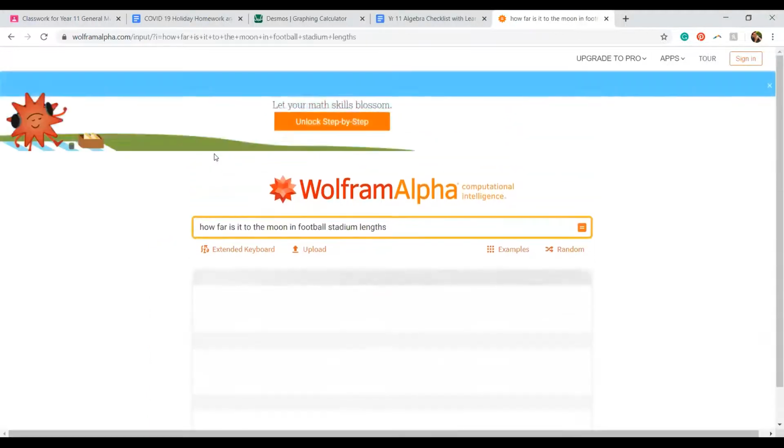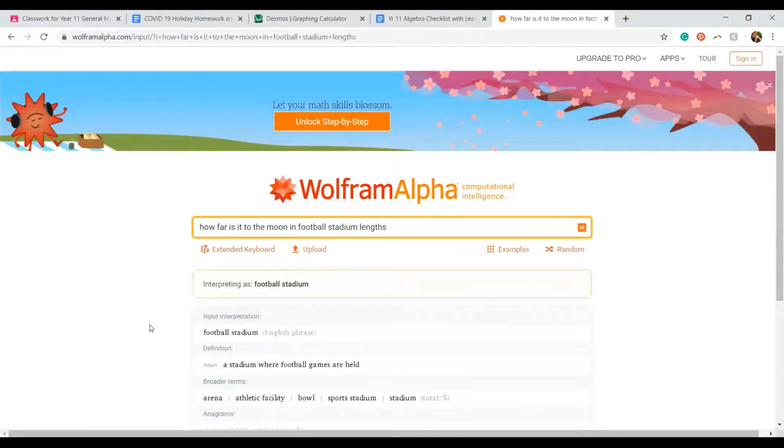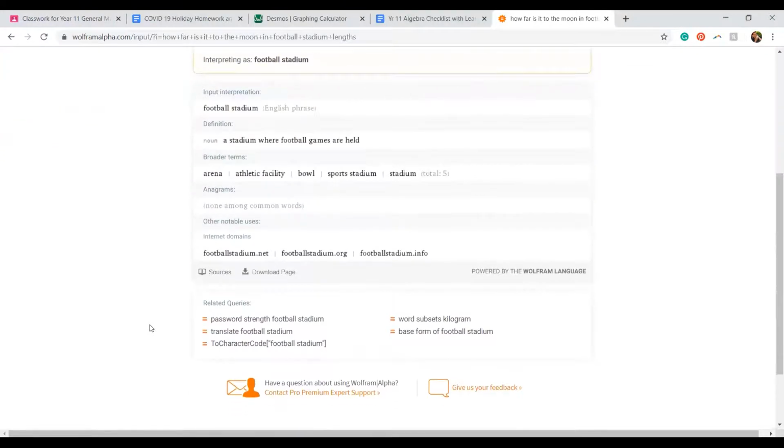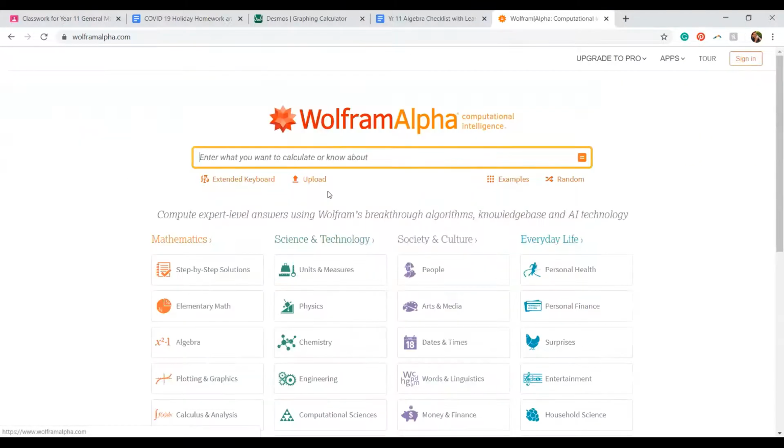Usually you can type in anything, well, sort of, Wolfram Alpha will look at it and try to figure it out. And it depends on which stadium games are held in. I wonder if it tells. No, it doesn't say. So whatever, doesn't matter. Sorry, shouldn't have tried. Tempted fate. I've done a lot of these sort of things, like, how old will I be in a certain time? It's a little bit of fun, but let's get to the actual point.